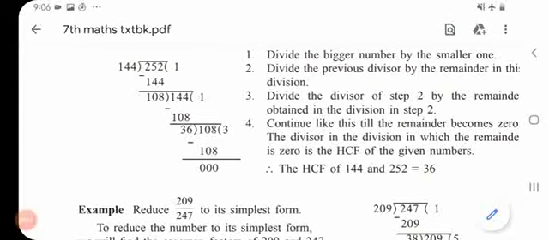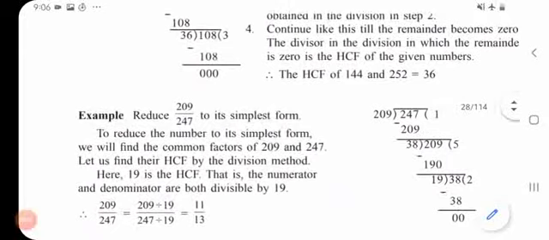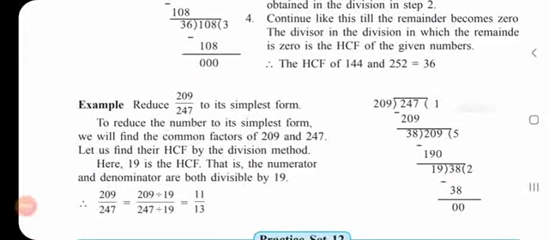Next step will be based on this division method. We have to reduce any given ratio to its simplest form. For that, first we have to calculate the HCF by the division method, and whatever HCF we get, we have to divide by it so that we get the reduced form.